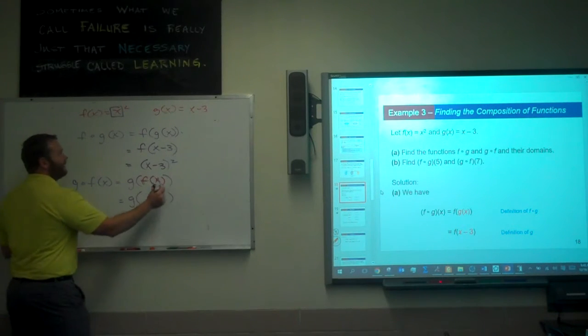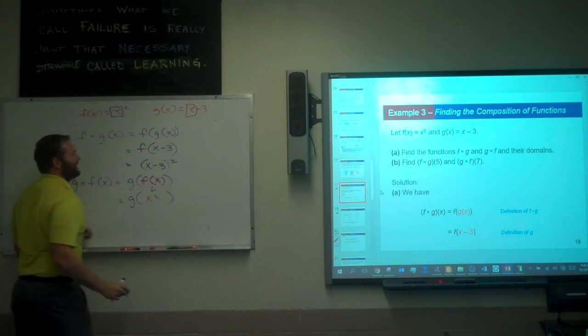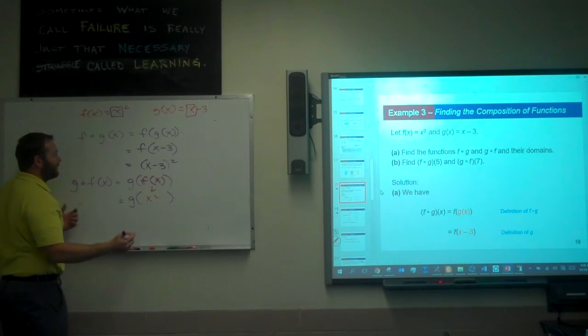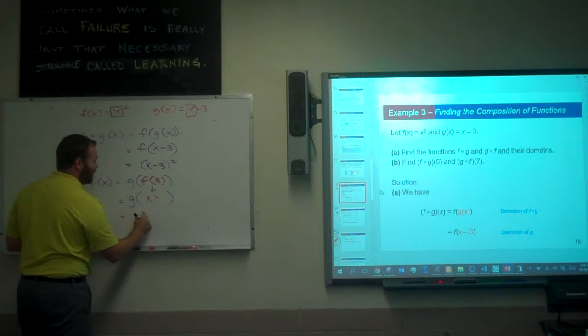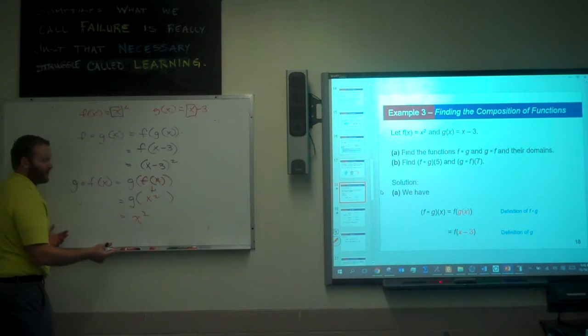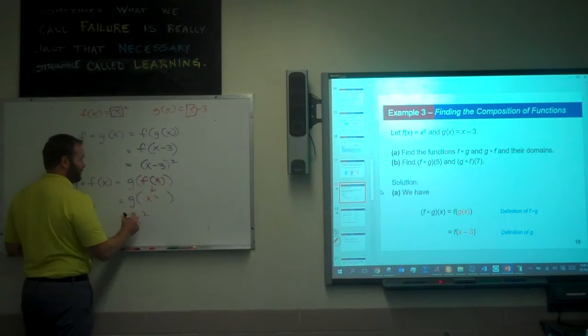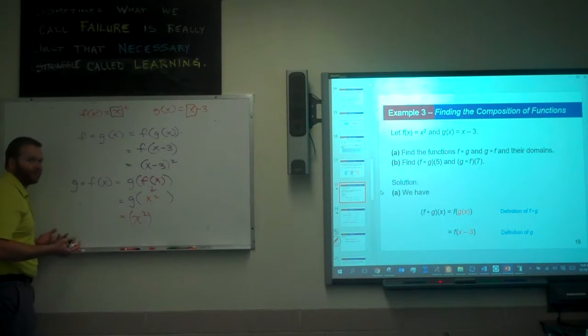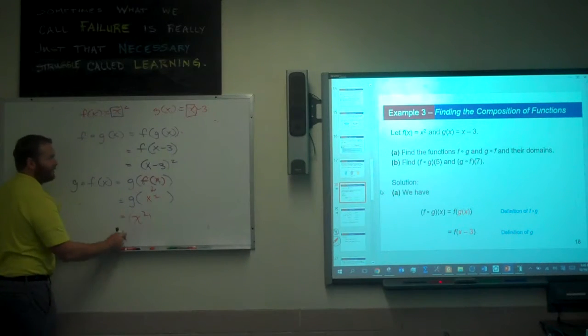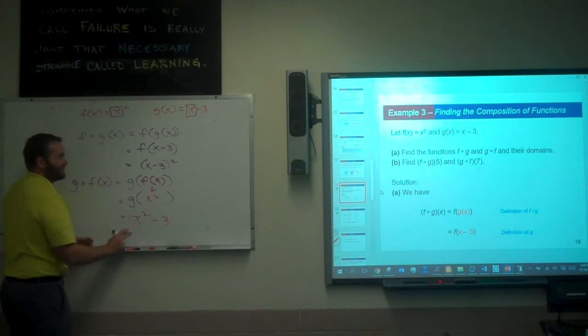Now I'm going to take that, and I'm going to go to g, and wherever I see x in g, I'm going to replace it with what? X squared. So now I've got x squared. Now, because it's a monomial, I really don't worry too much about the parentheses, but if you want to put parentheses around that, that's fine, but it doesn't really change anything, right? So we got x squared, and then my minus 3 has to stay there, right?